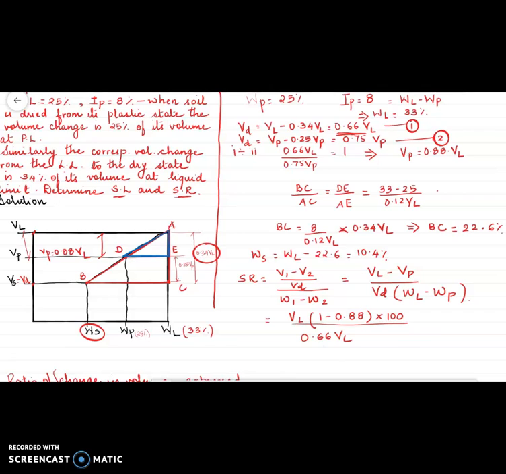We are writing everything in terms of VL, into (33 minus 25). Fine. This will be equal to 2.27. So your shrinkage ratio is 2.2.